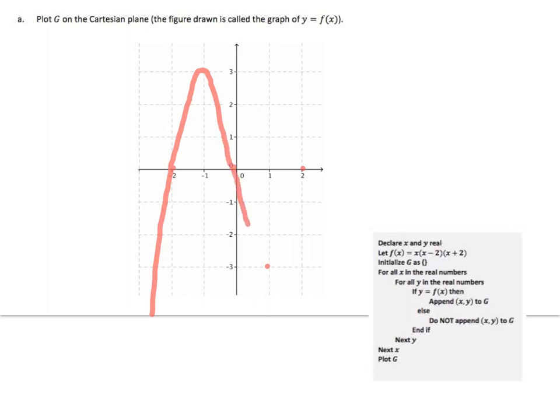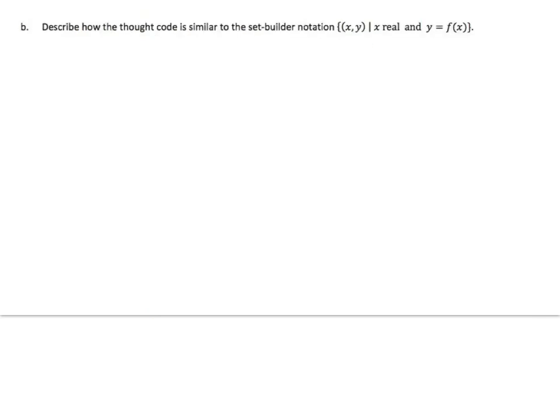So I tested integers, but I know that my answer is going to be every number in between the dots. So that's what my graph would look like. It's pretty cool. So describe how the thought code is similar to the set builder notation. Well, we're testing all numbers x and plugging it into our function to get all numbers y.